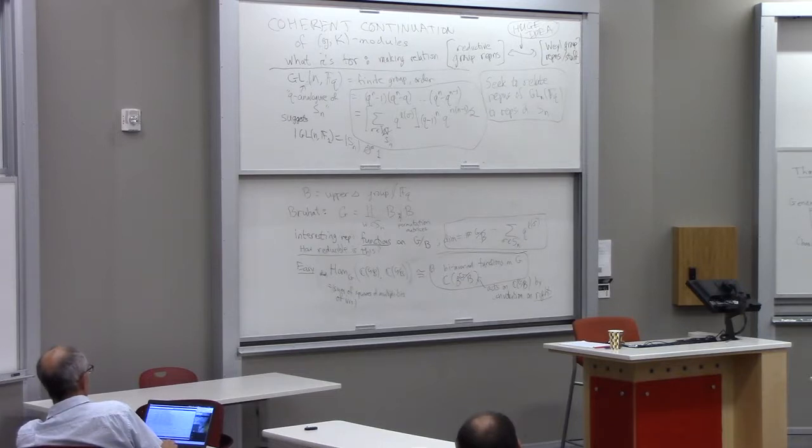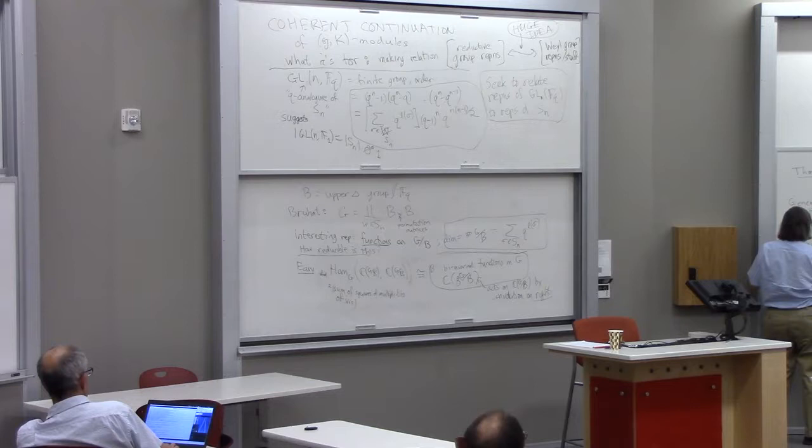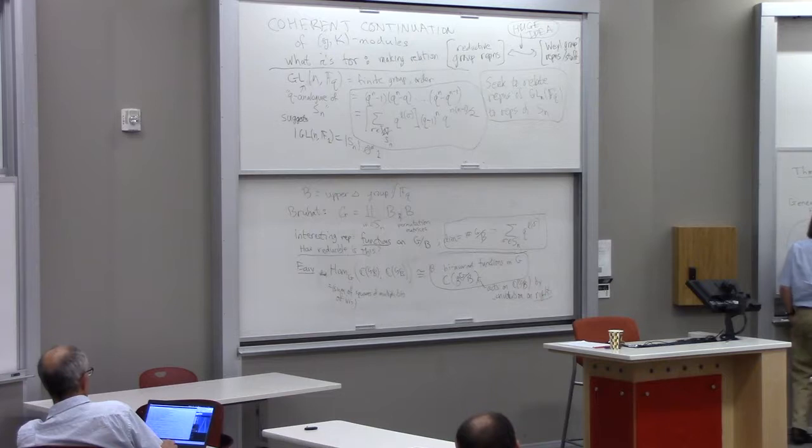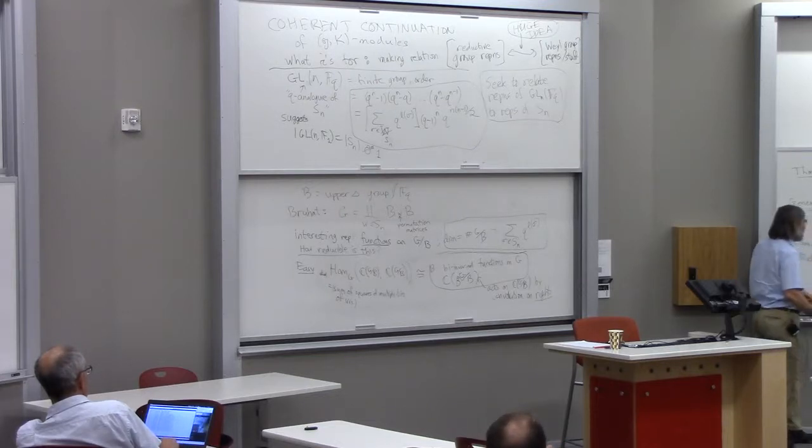I forget what constant I should put in the convolution, but at any rate, these generators satisfy the braid relations, the T S T, where the number of terms here is 2 or 3, depending on whether or not S and T are next to each other, just as in the Weyl group.